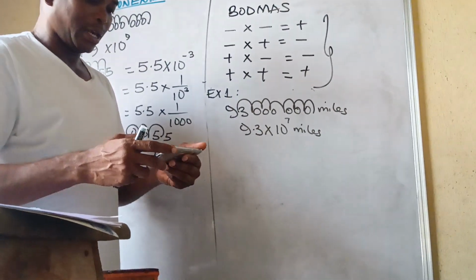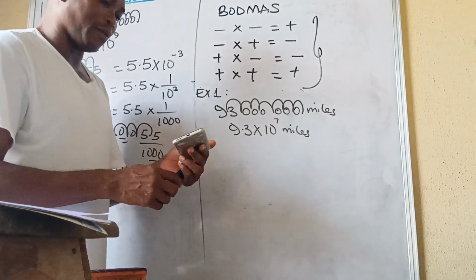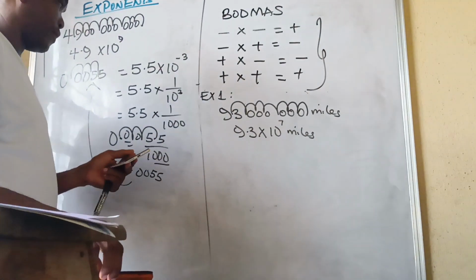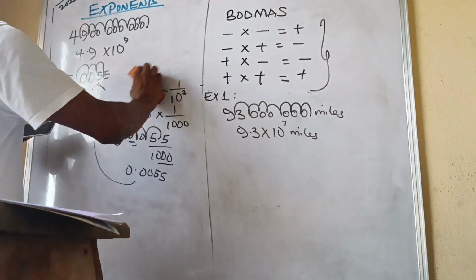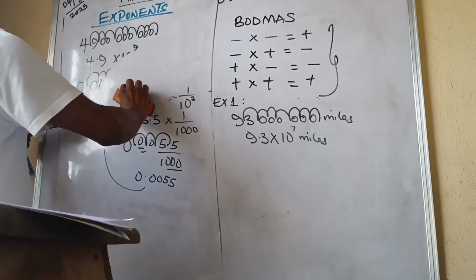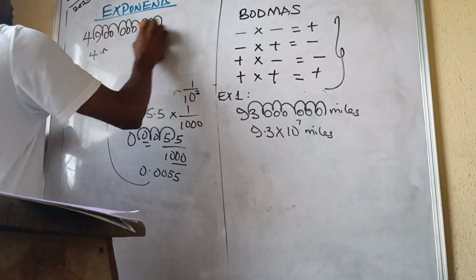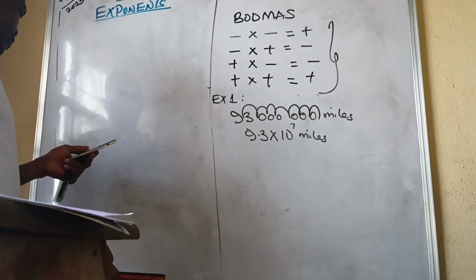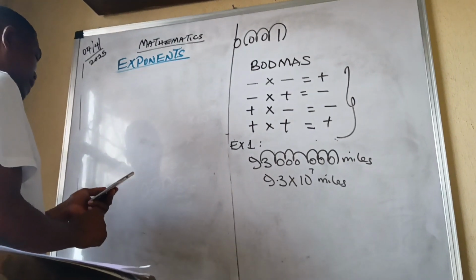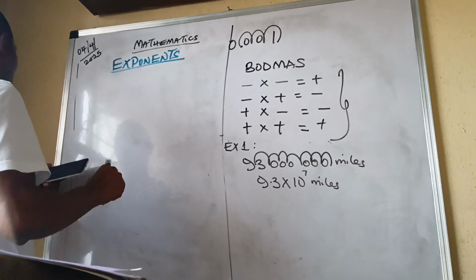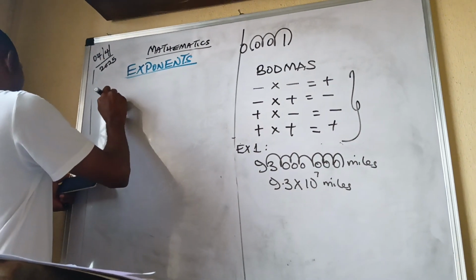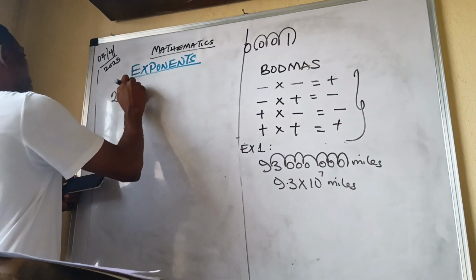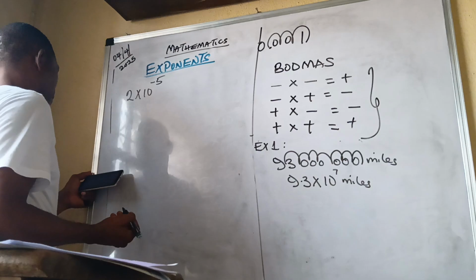So the other one: in a scientific experiment, the mass of a sample is 2 times 10 raised to the power minus 5 kilograms. Write the mass in standard notation. Standard notation in this regard means ordinary form.